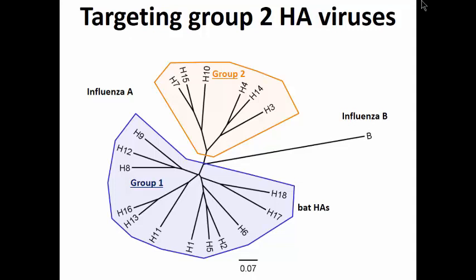And I should stress that in terms of having a truly universal influenza virus vaccine, which would protect against all strains, not only in one subtype, but against all subtypes, we would have to have 3 components. We would have to have a group 1 stalk, a group 2 stalk, and an influenza B virus stalk. So that's quite important in terms of that vaccine approach.